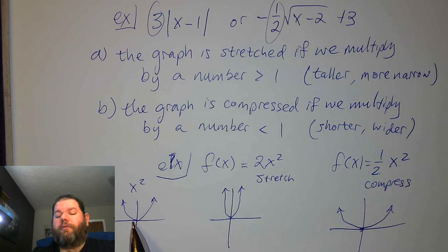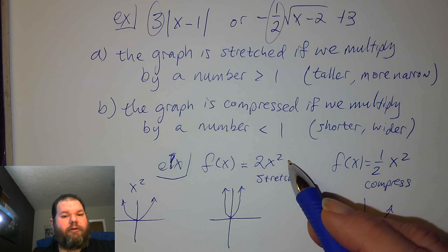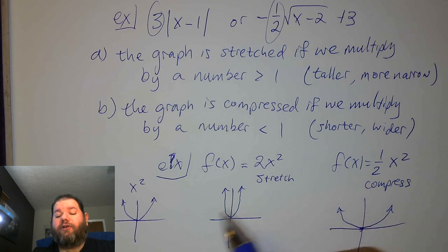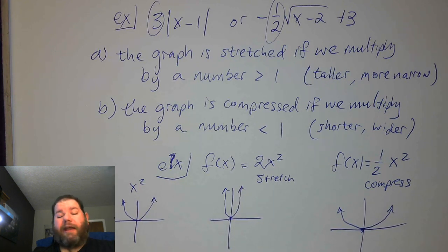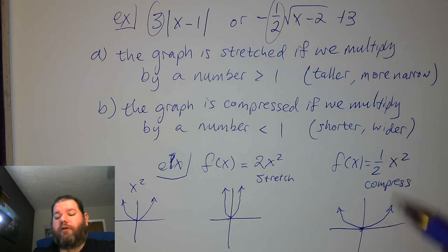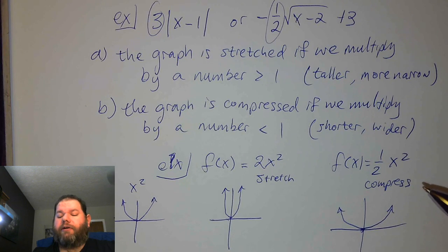Just take what we would normally do for the original shape and then exaggerate it in that direction that it's being changed. So if it's being stretched, make it look taller and more narrow than it started out. And if it's being compressed, we'll make it look flatter and wider than it normally would be. Whether this exactly is 1/2 or how does that compare to 1/3, we're not terribly interested in worrying about that here for our purposes, because the goal is to be able to quickly sketch a graph of the function without going into a lot of that detail.